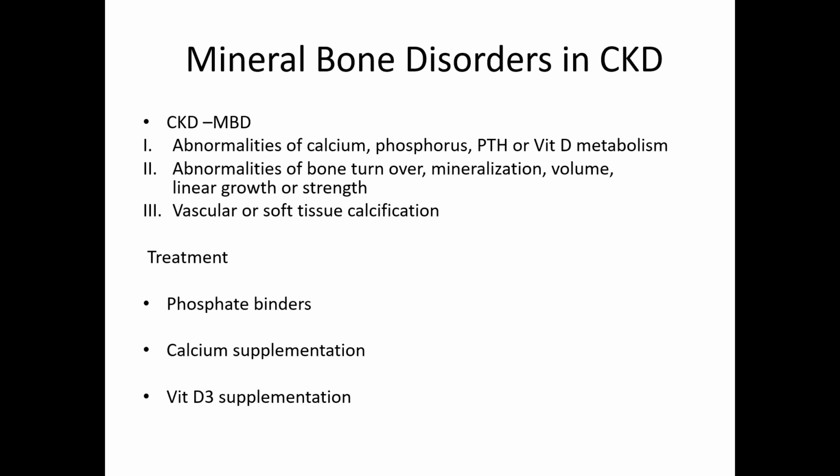Secondarily, to maintain the calcium level, the PTH level increases, and in this way PTH leads to demineralization of the bone. So they should be controlled from the very beginning. They should have restriction of phosphate in the diet.